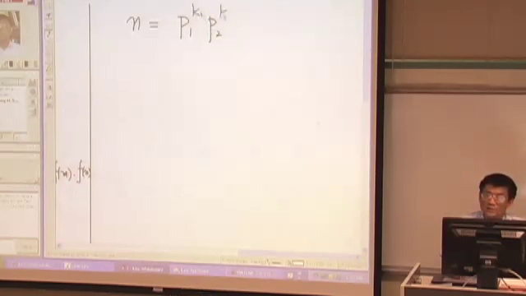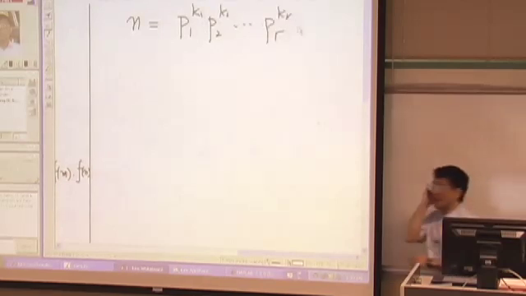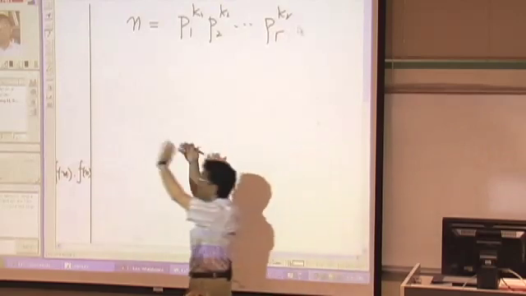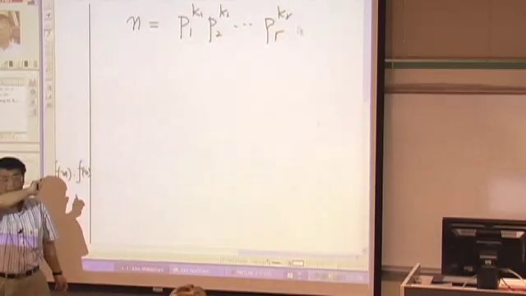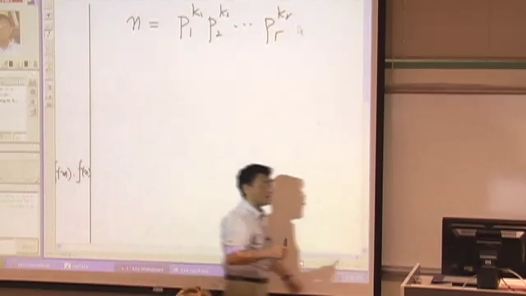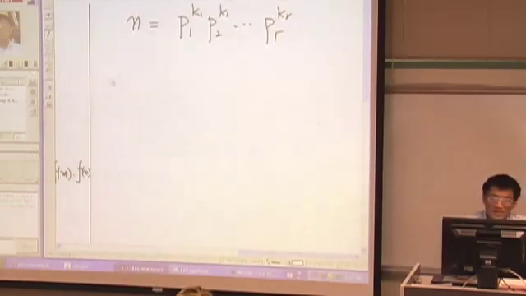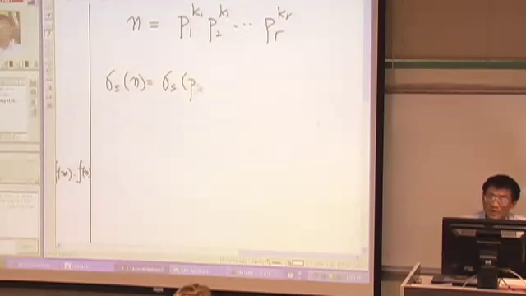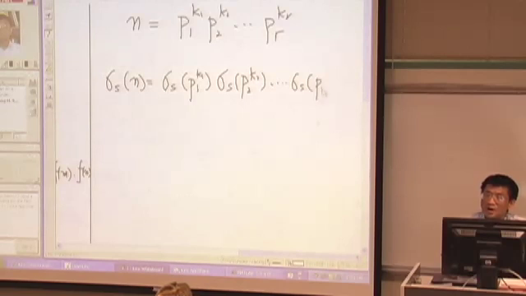Assume that n is decomposed into this pattern with distinct p_i. Then sigma sub s of n is nothing but sigma sub s of p1 to the k1 multiplied by sigma sub s of p2 to the k2, all the way up to sigma sub s of pr to the kr.